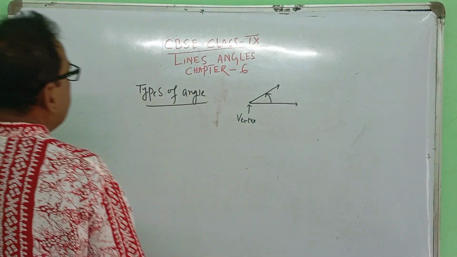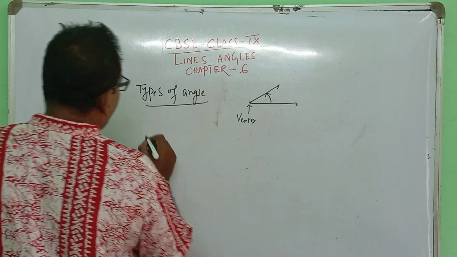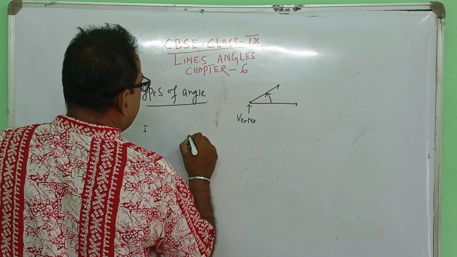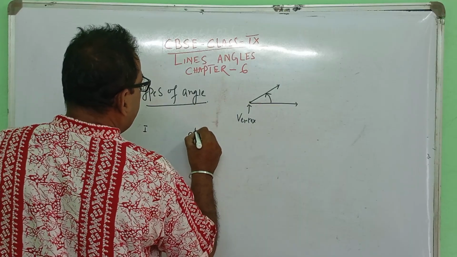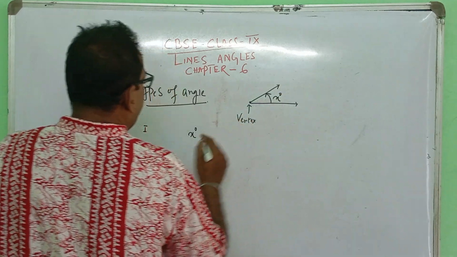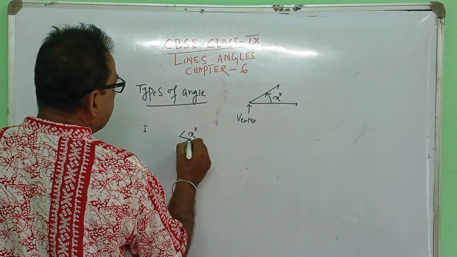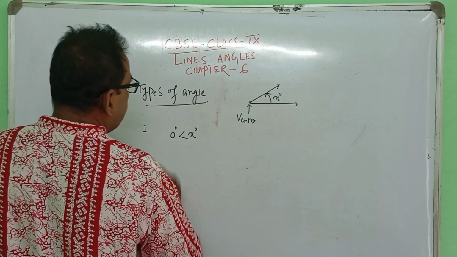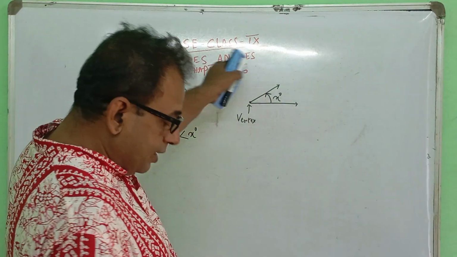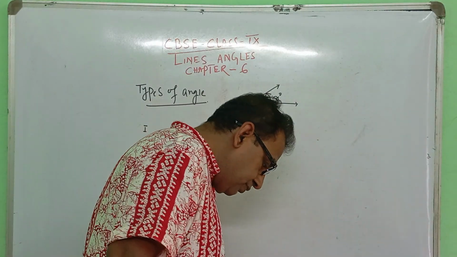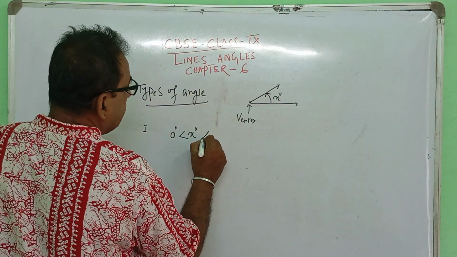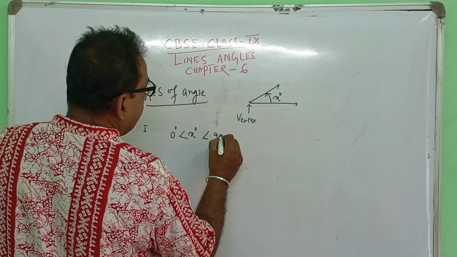Okay. Now what is the first angle? This is the angle of x degree, let's say. Now x degree is greater than 0, and it's obviously less than 90 degree.